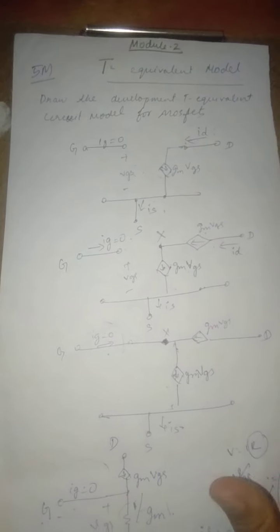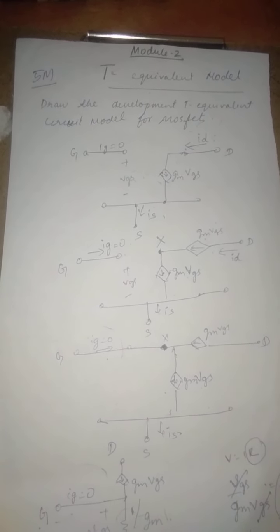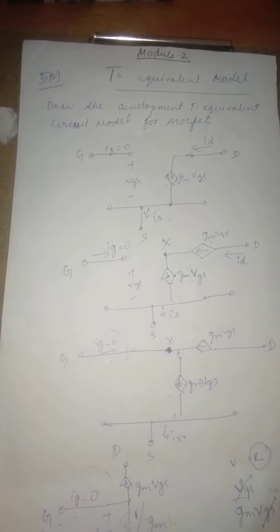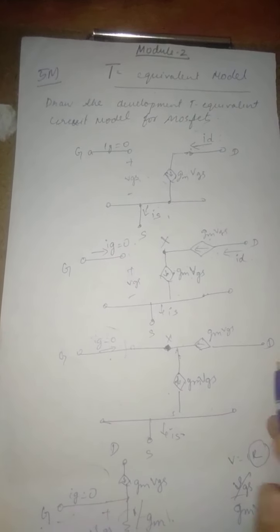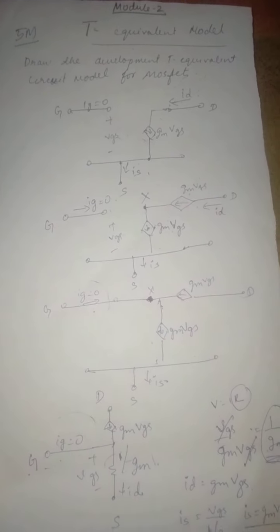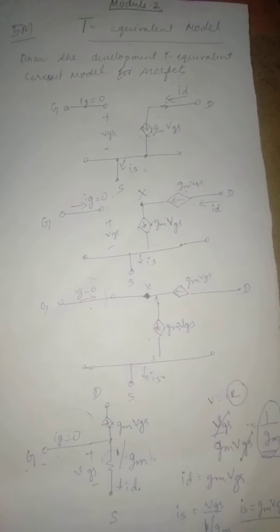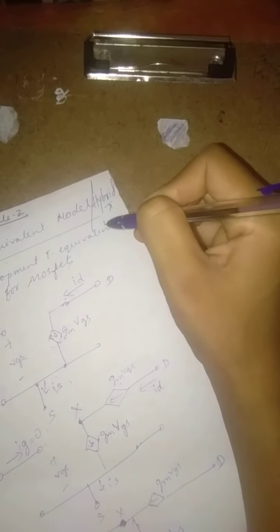That means we are not incorporating it in the circuit, but if you are required, you can incorporate it in the circuit, so that your voltage controlled current source will change into a current controlled current source. So this is our T equivalent circuit model, and this model is also sometimes referred to as the hybrid pi model.